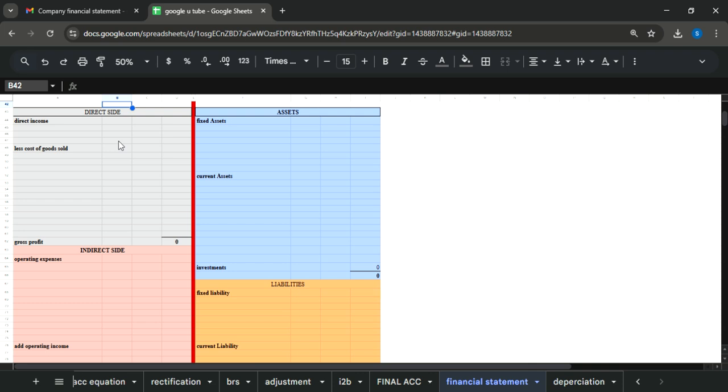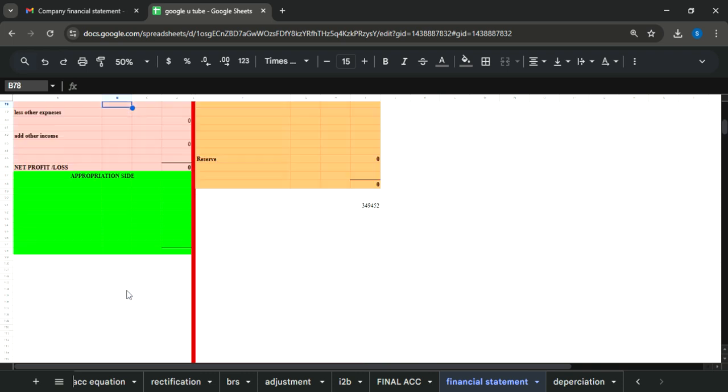And then we have the indirect side, where we will mention all expenses which are not directly associated with the business, rather they are indirect, and here we will calculate the net profit.